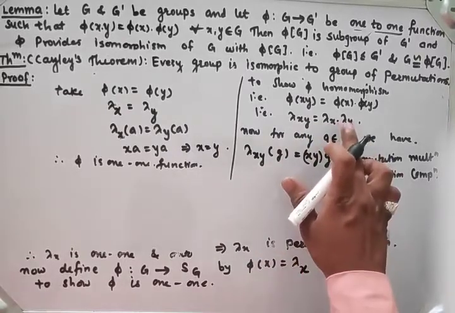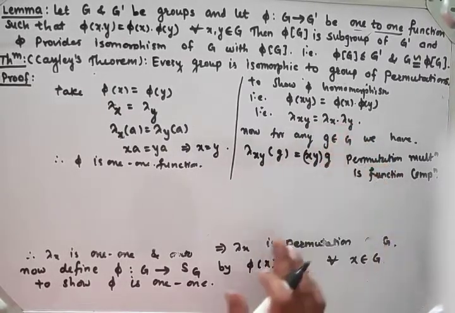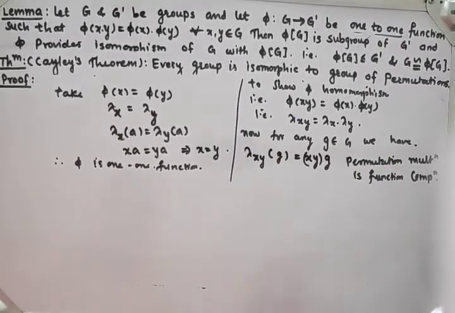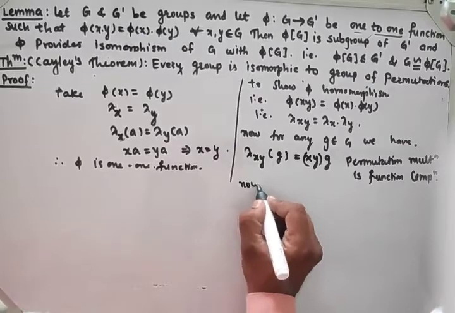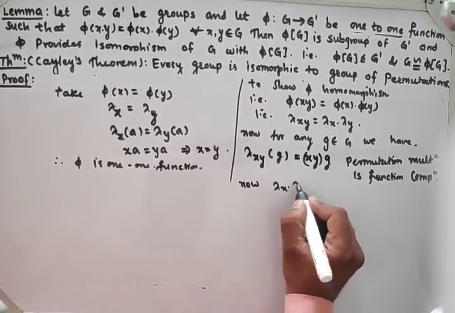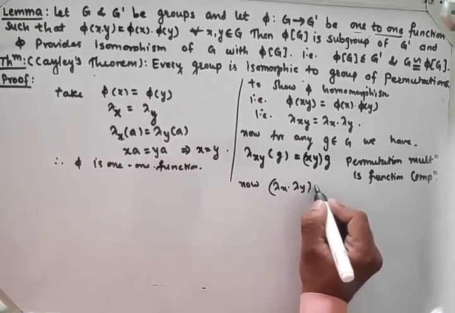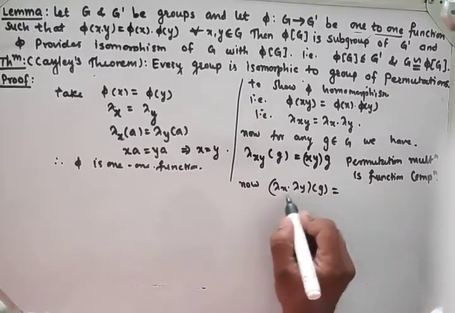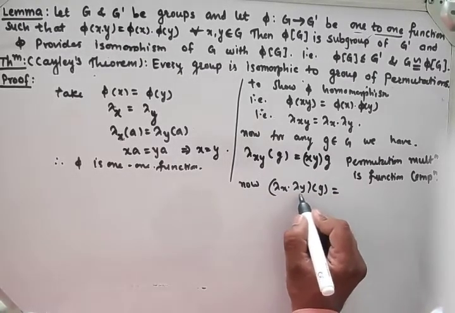So let's take the right hand side. Lambda x into lambda y of g, this is function composition, so I will apply lambda y first.